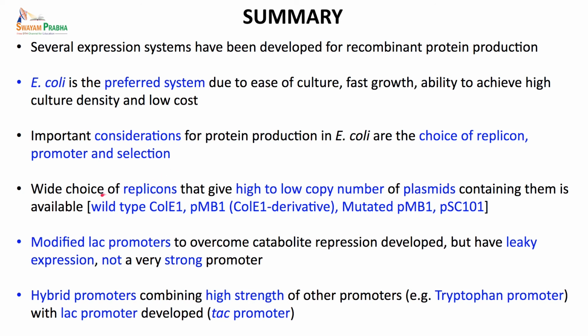And there are many replicons that have been engineered in various vectors, and these various replicons can give high to low copy numbers of plasmids. So wild type ColE1, modified ColE1, pMB1, mutated pMB1, these are relatively high copy number plasmids, and this origin pSC101 controls the number of plasmid copies to less than 5 per cell.